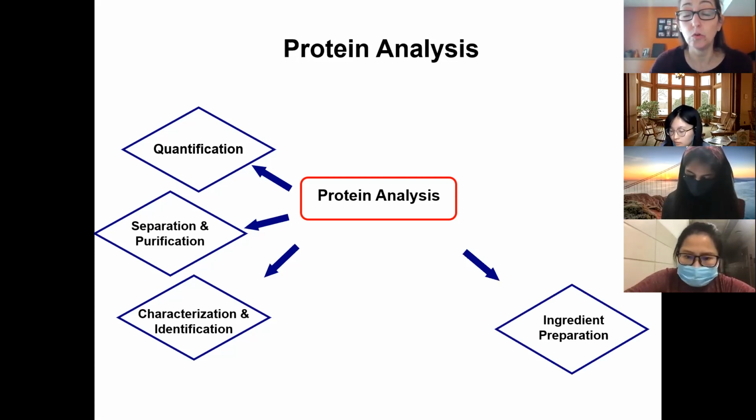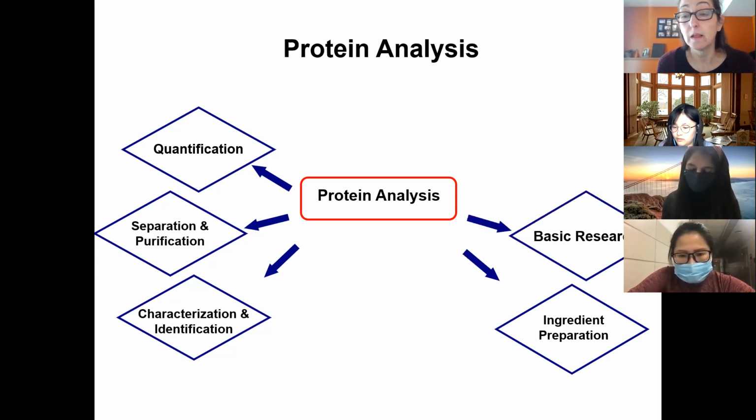Ingredient preparation. So we do separation and purification. We can do it for analytical reasons, and we can do it for large-scale production of protein ingredients. Basic research. So we purify and separate the protein, and we look at its structure. We look at impact of processing on the structure.